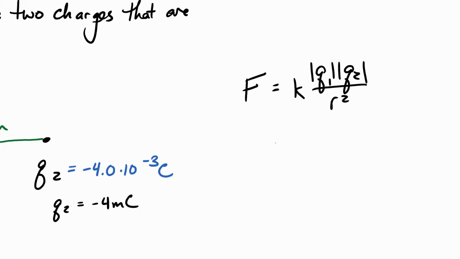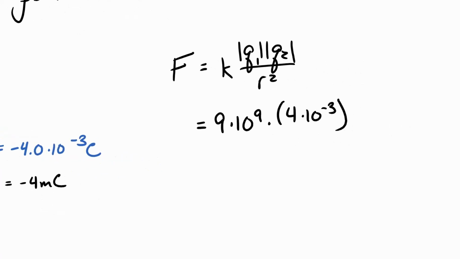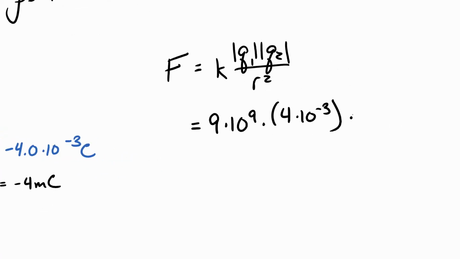So let's do this. We've got to be very careful. So 9 times 10 to the 9th, Q1 is 4 times 10 to the negative 3, Q2, the magnitude or absolute value of Q2, is also 4 times 10 to the negative 3. I'm dividing by 1 squared, which is just going to be 1, so that's not too bad.